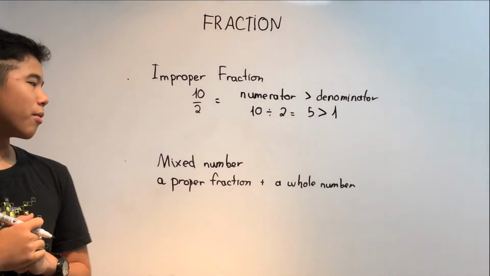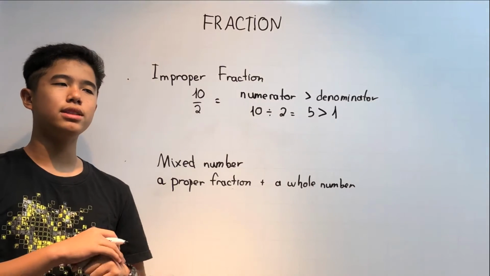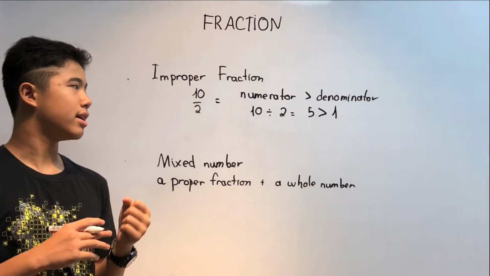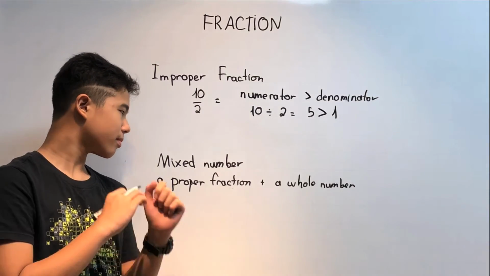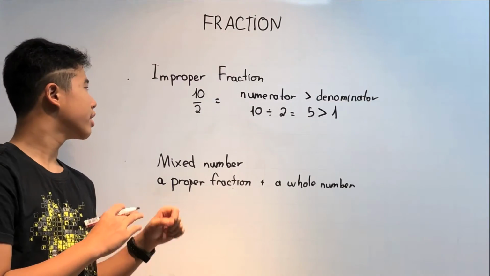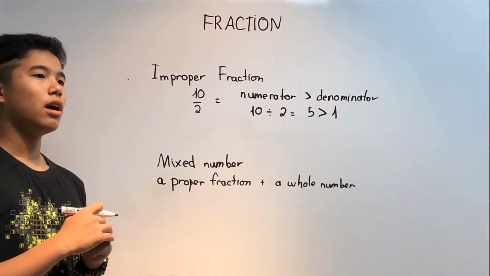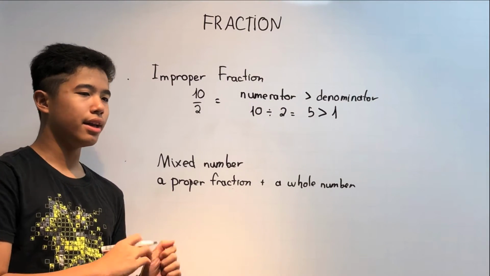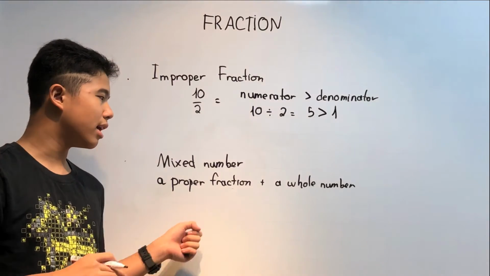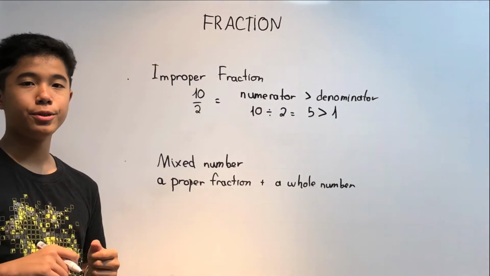So the mixed number is always greater than 1. We can change the improper fraction into a mixed number. I will talk about that in the next section, but let's look at some examples of mixed numbers.